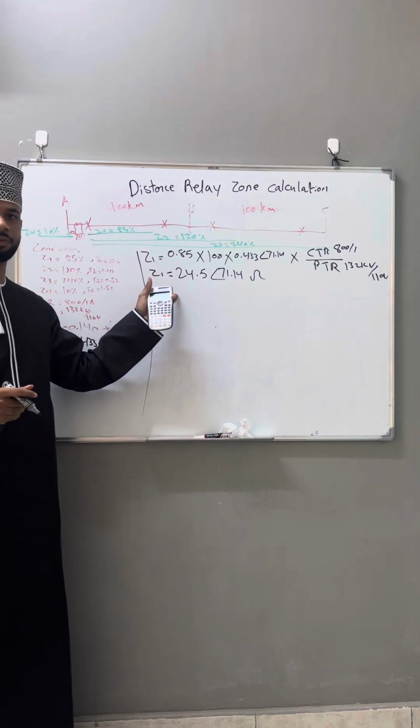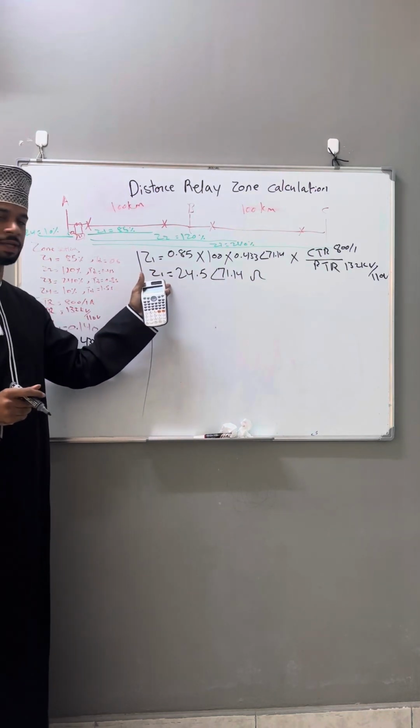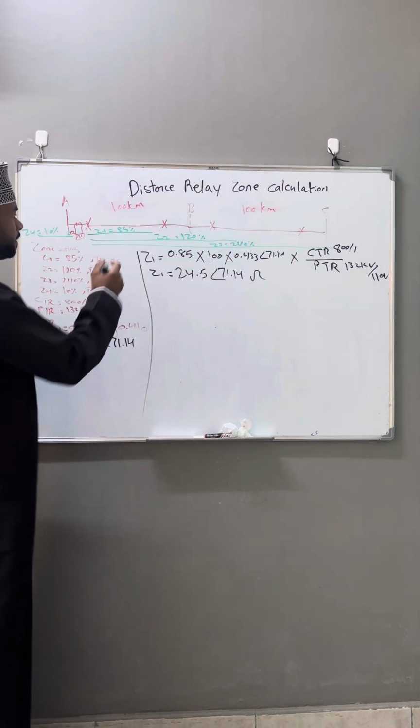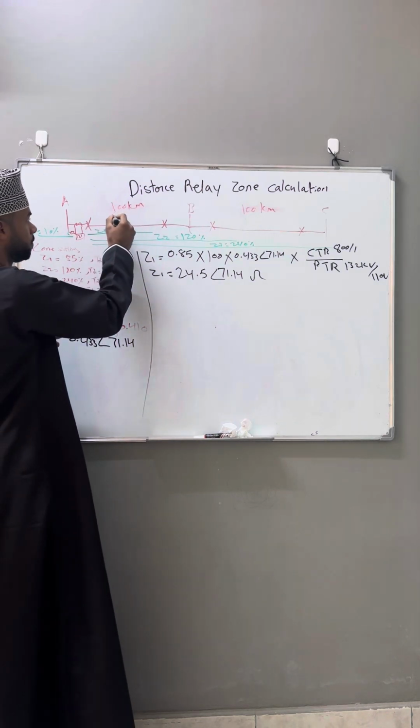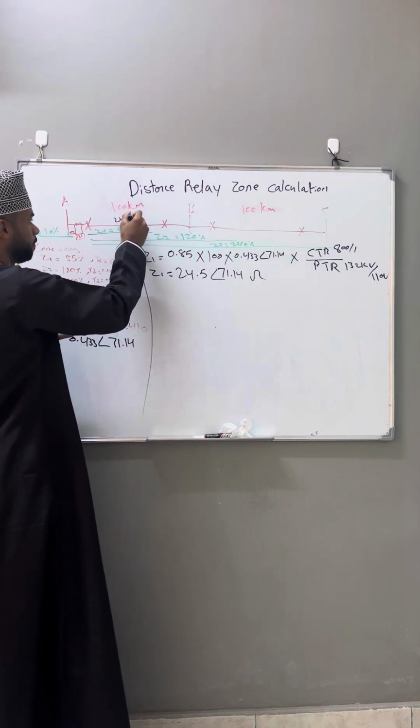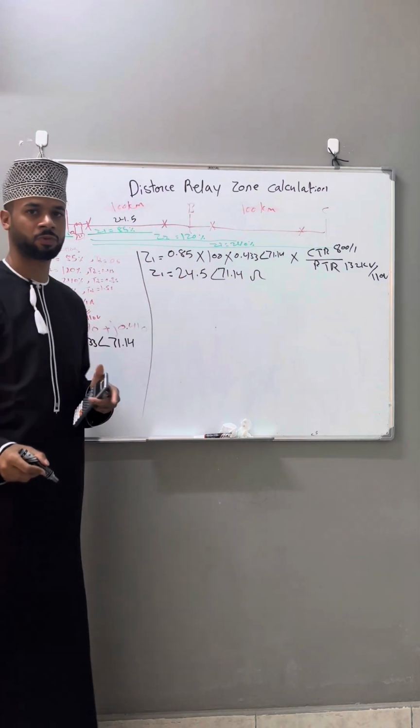So this is zone 1, found at the secondary side. So the zone 1 reach is 24.5 with angle 71.14.